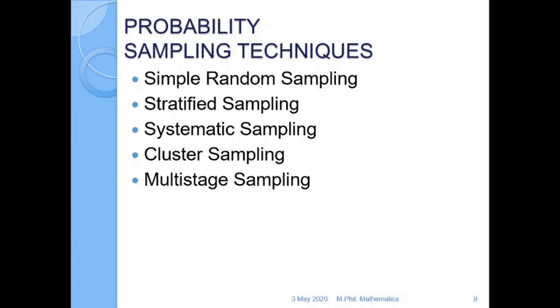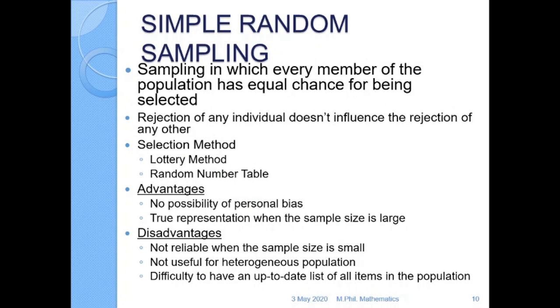Probability sampling techniques. There are various types of probability sampling techniques: simple random sampling, stratified sampling, systematic sampling, cluster sampling, multi-stage sampling, etc. Simple random sampling is the simplest sampling technique in which each and every member of the population has equal probability to be selected as a sample unit.